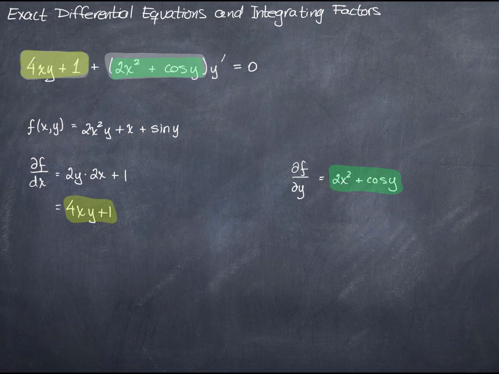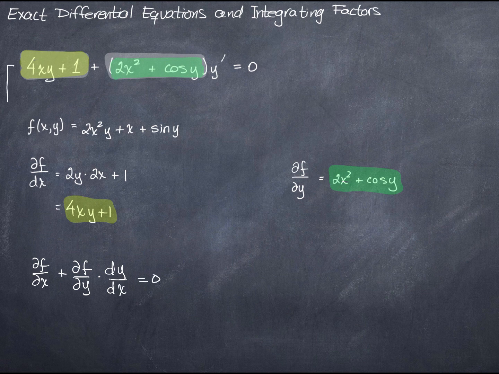I can write my differential equation, 4xy plus 1 plus 2x squared plus cosine y times y prime, as partial f partial x plus partial f partial y times y prime, which we know is also written as dy dx, and that's equal to 0.